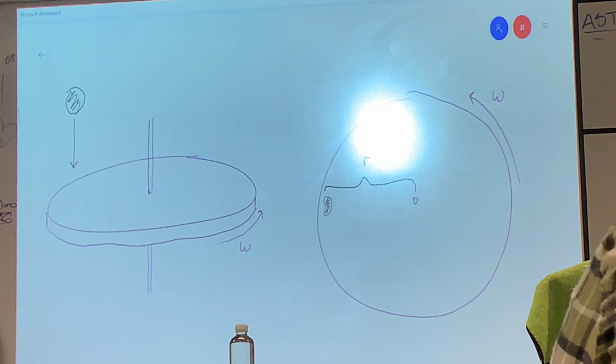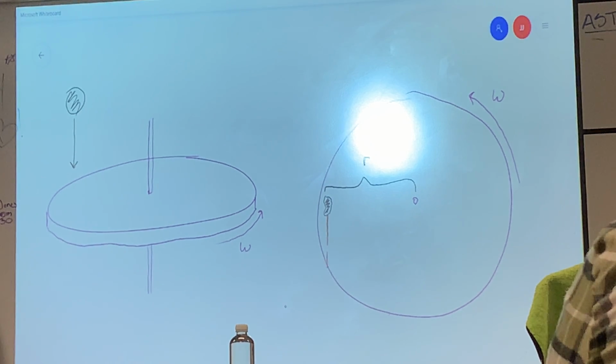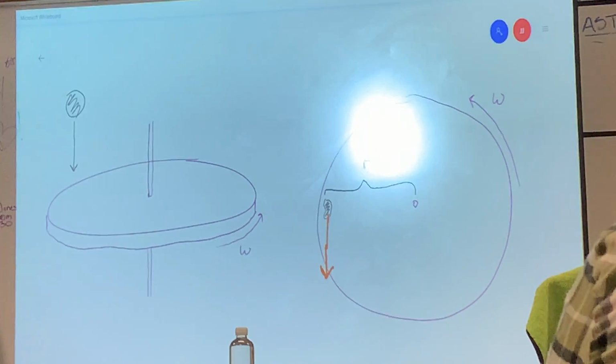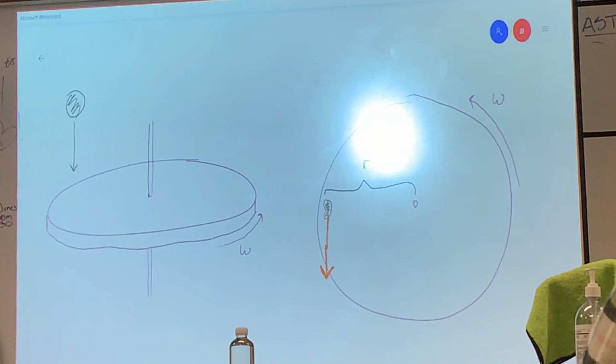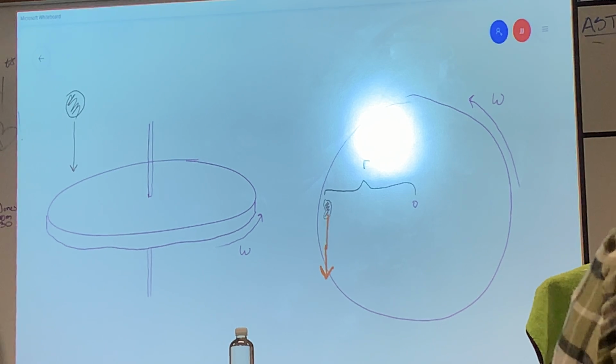So let's look, because if the clay speeds up, then it's got to receive a force in that direction. Would you guys agree? So if the clay feels a force in that direction, then Newton says the disk will feel a force in which direction? Opposite direction, equal and opposite forces.